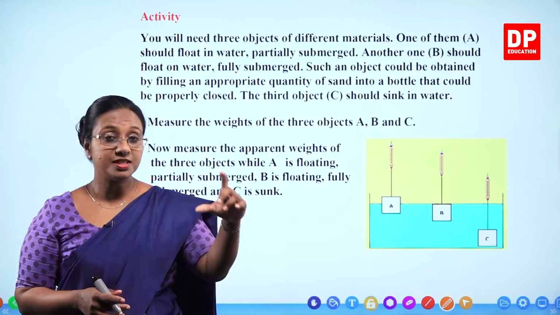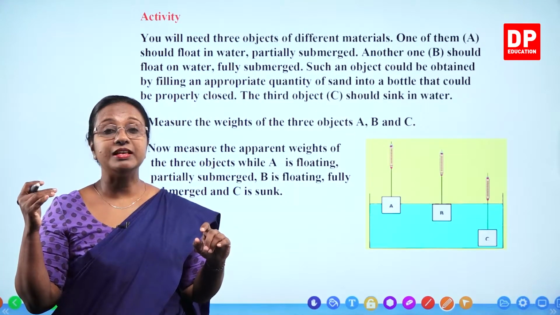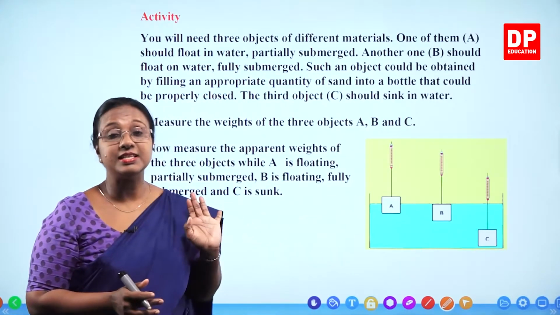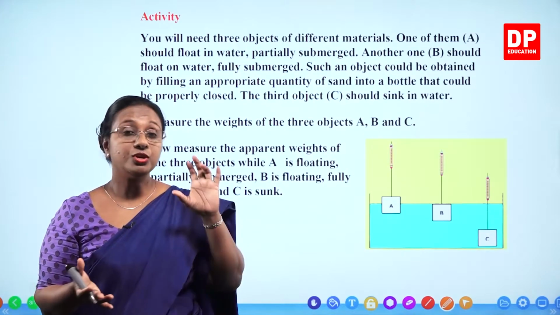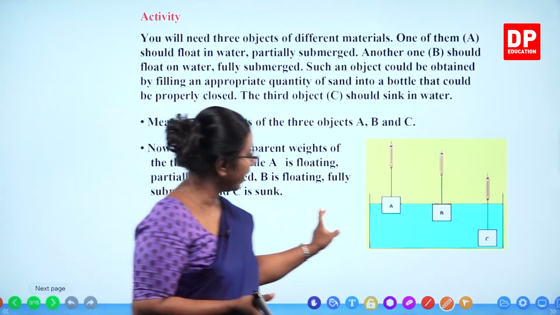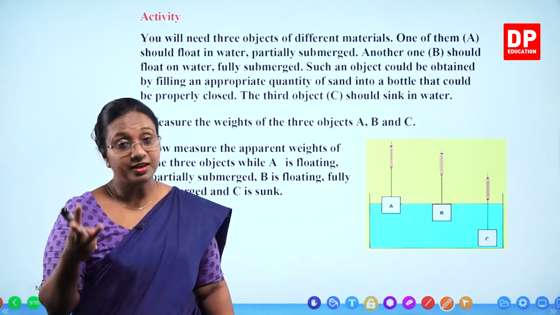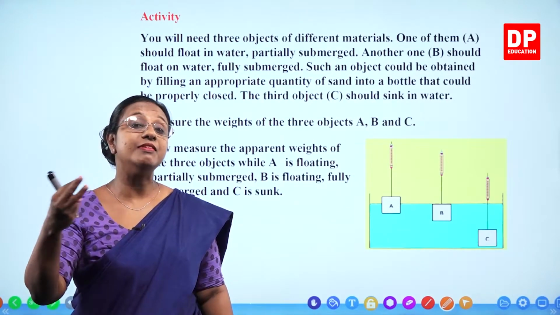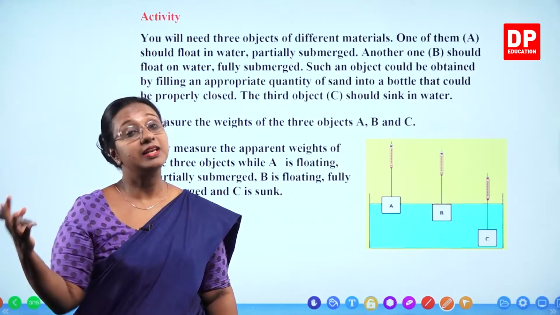You can have just bottle 1 half filled with sand or 3/4 filled with sand, so that you can make it float and sink as necessary. Or else you can even fill it with a liquid. So you can change the weight and bring it to all these 3 different positions. So either 3 different objects, or the same bottle filled with different substances, or the same substance to different levels.